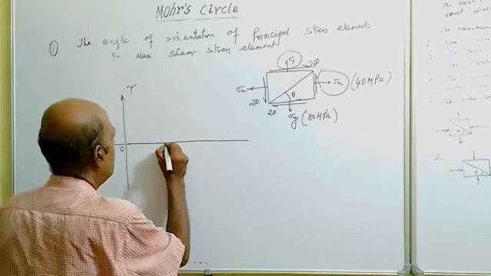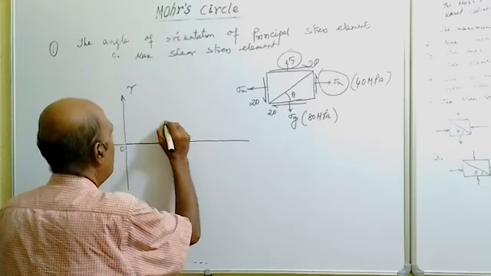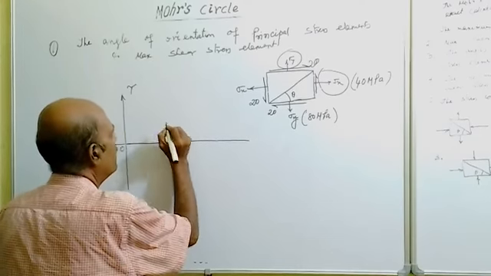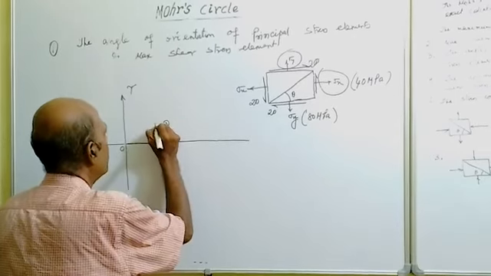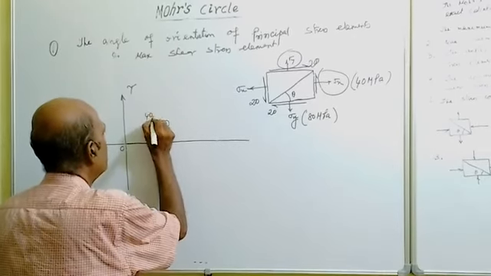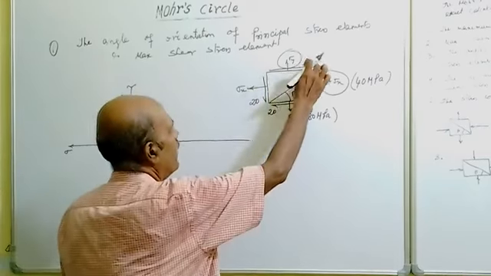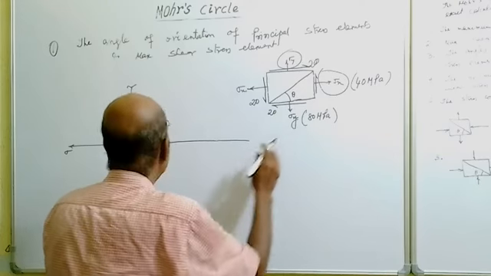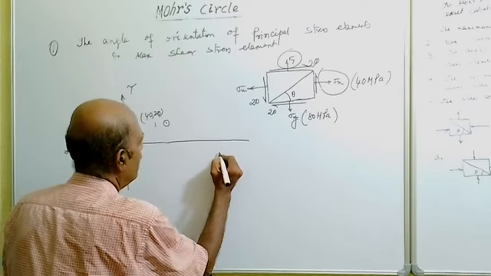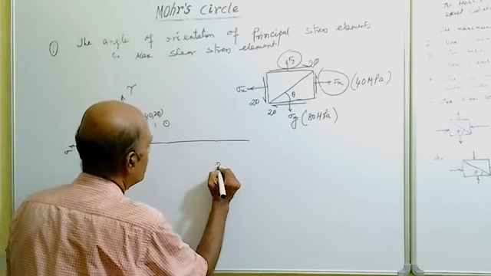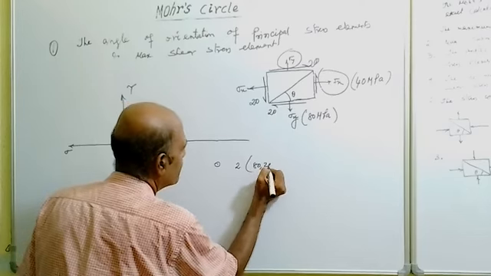So say by some scale, 40 is positive, also 20 is positive. So we will mark this point as 1, that is 40, 20. Now go to y face, sigma y means 80, 20. So by using the same scale you mark here 80 and 20. We have got this point, that is point number 2, that is 80, 20.